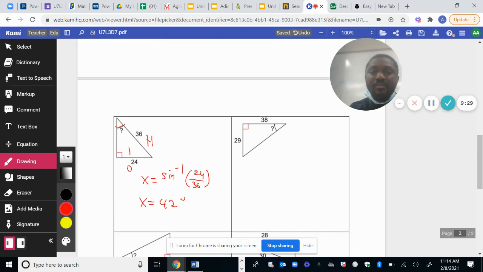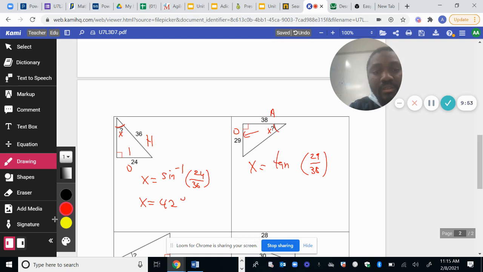We're going to do the same thing for this problem beside here. This is the missing angle. This side is the opposite side. This is the adjacent side. So you're going to say missing angle x equals, first of all, the relationship between O and A is 29 over 38, and O over A gives you what?